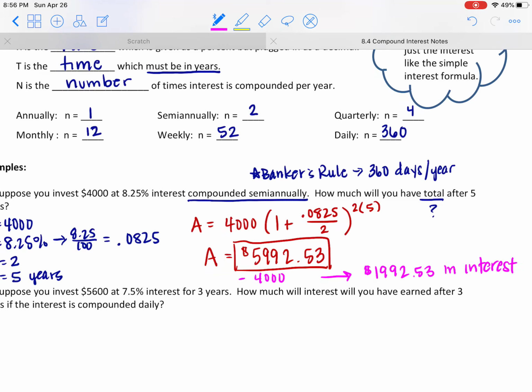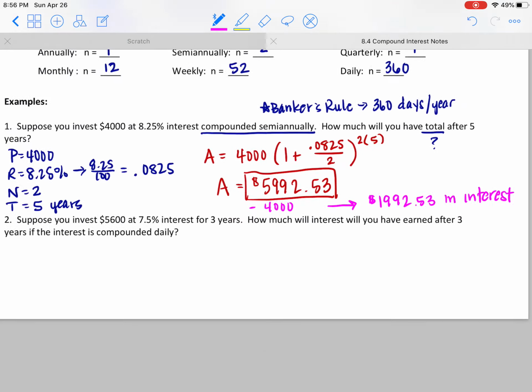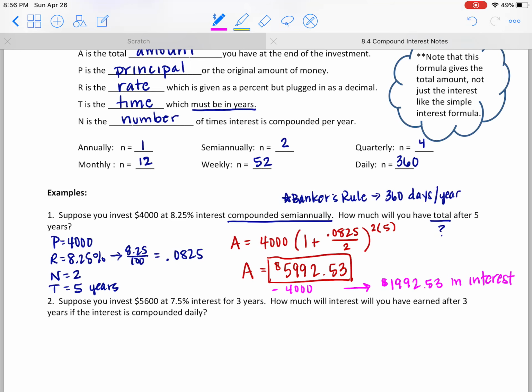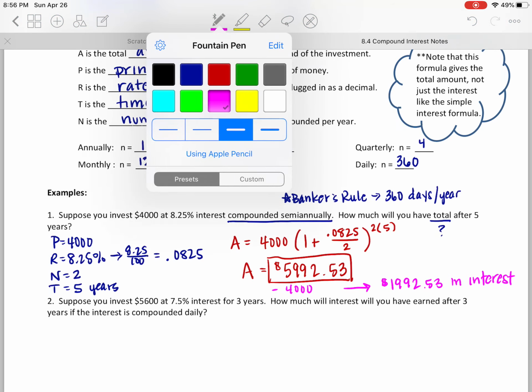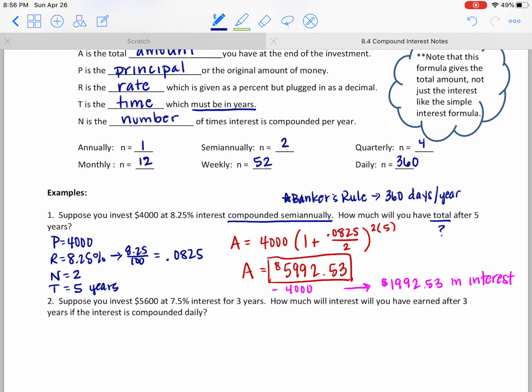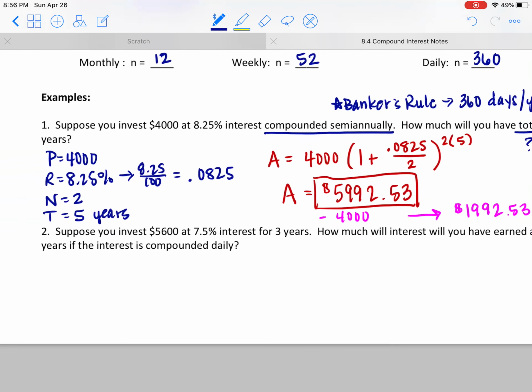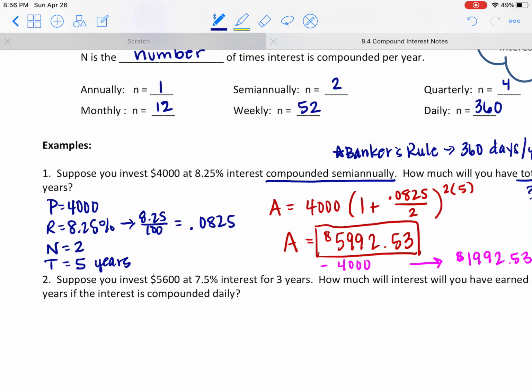So if we subtracted out the 4,000, that means there is $1,992.53 in interest. So the difference between your final amount and what you started with, the starting amount, is how much interest is either earned or charged, depending on if it's an investment or a loan. Okay? And I know it didn't ask there, but you're going to see it in MATLAB.